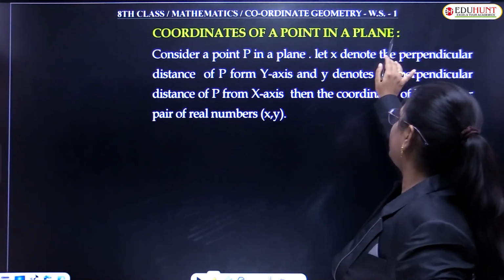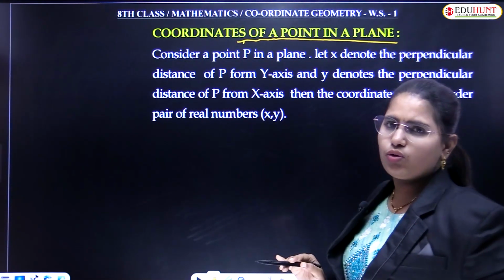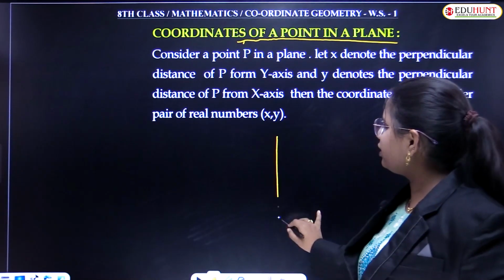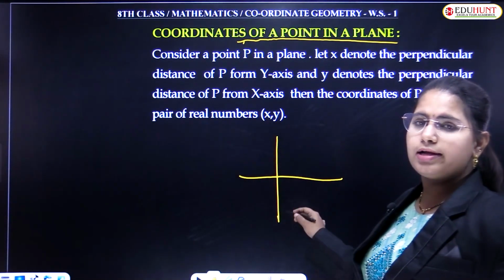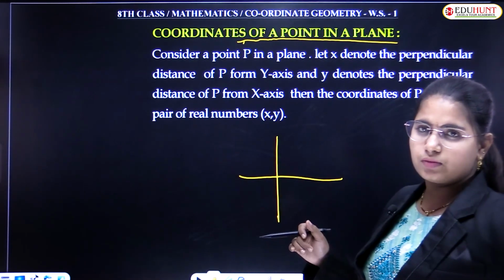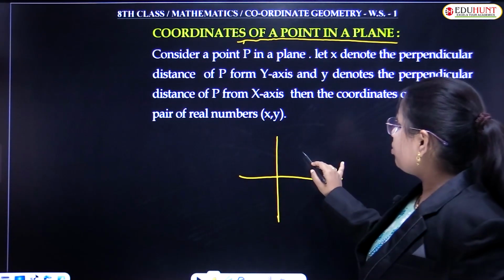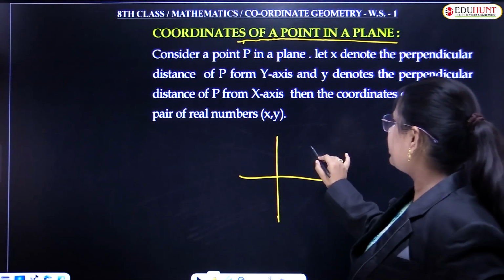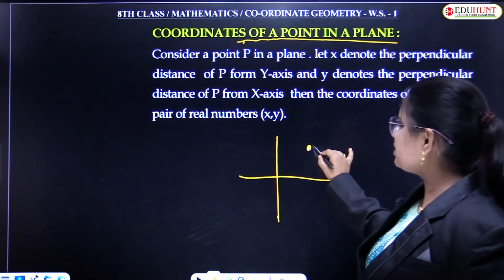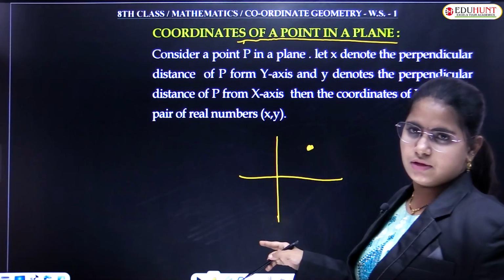Coordinates of a point in a plane. So I told you that whenever you take two perpendicular lines, I am taking these two lines in a plane, correct? So I am taking some coordinates of a point. Let me take any random point in the plane.